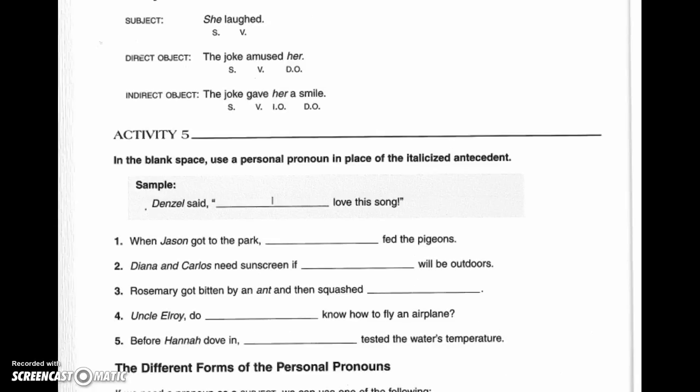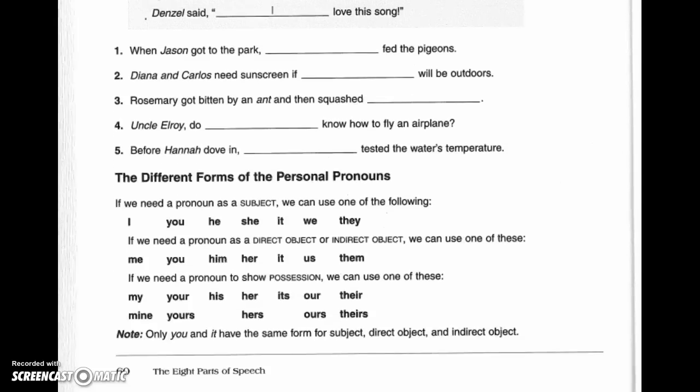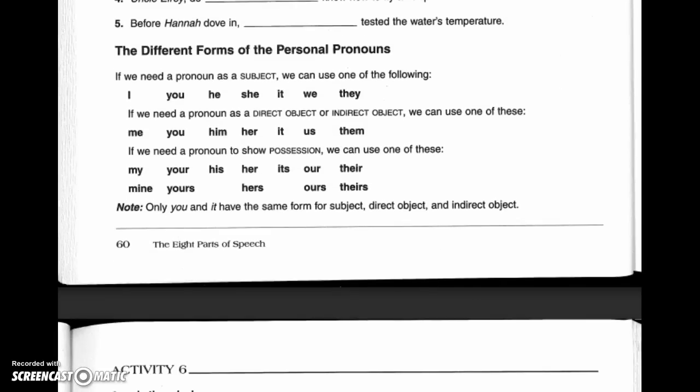Activity 5, just note the subject as you complete numbers 1 through 5, and you're going to use the correct personal pronoun in place of the italicized antecedent. Here's a nice chart showing the different forms of the personal pronouns. Remember I said it can be used as a subject, direct or indirect, or a possessive pronoun.